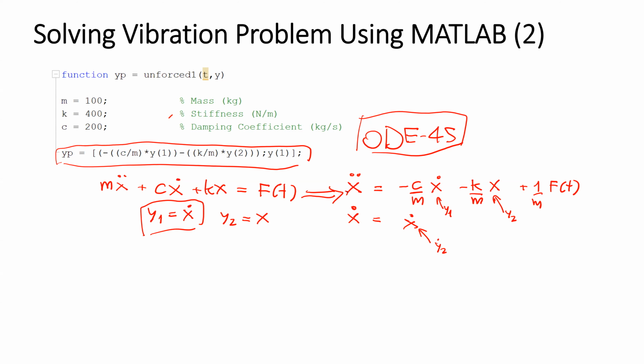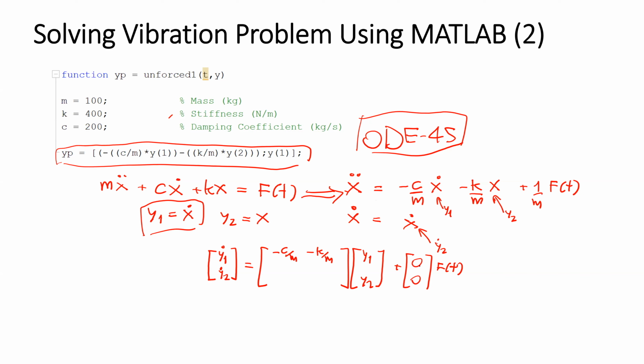If I want to write this in a matrix form in terms of y, I am going to have y1 dot and y2 dot equal to the matrix minus c per m, minus k per m, of y1 and y2, plus something here multiplied by ft for the input force. Okay, it should be 1 per m.